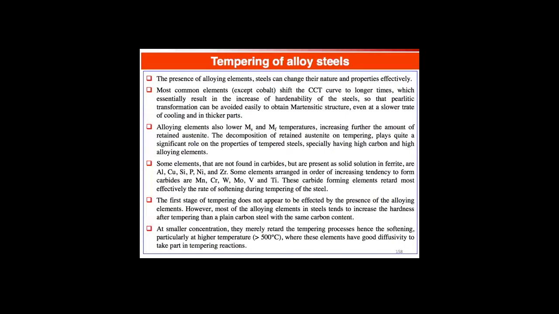And so alloying elements shift to longer times, which is good because that allows us to miss the nose with our quenching. But they can also lower the martensite start and martensite finish temperatures, which in alloy steels tends to give us a larger amount of retained austenite.